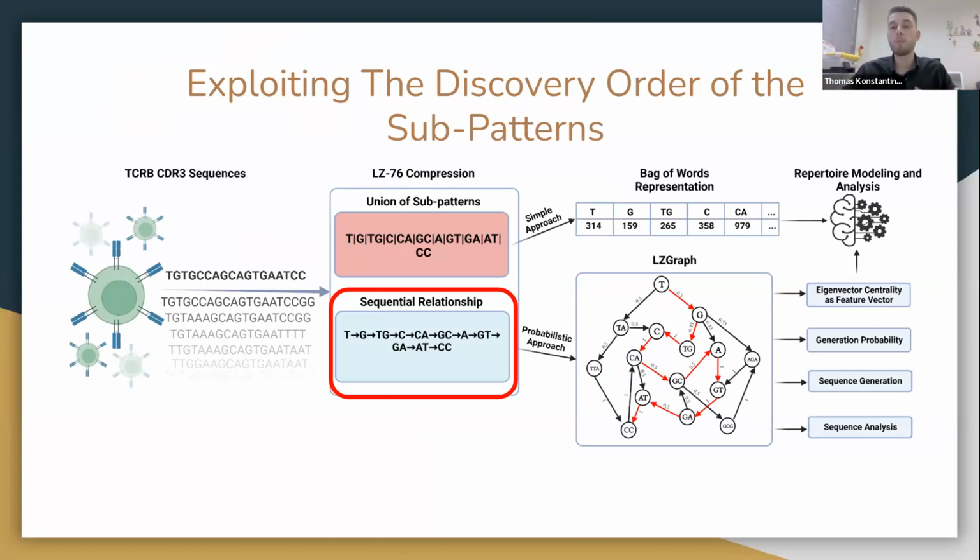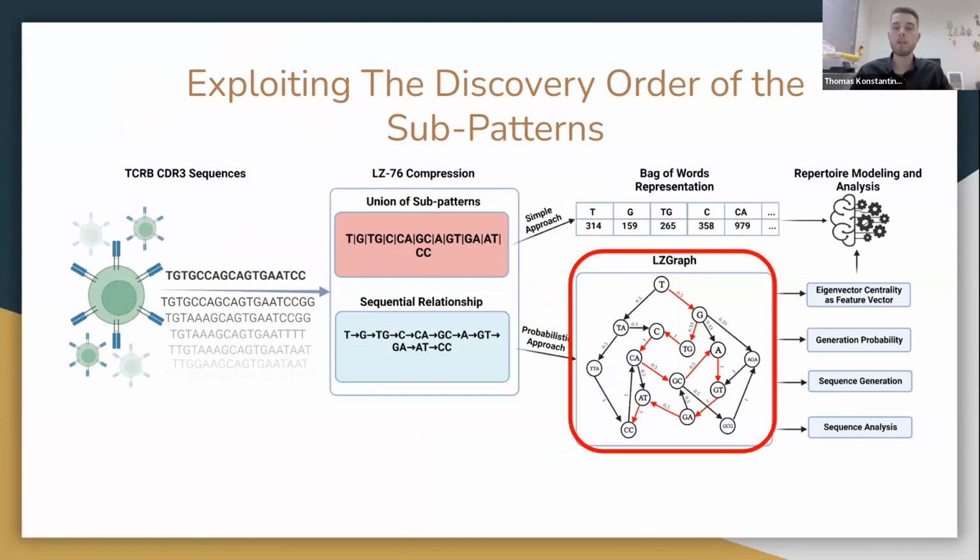That's exactly why we propose the probabilistic approach, where we take those sub-patterns and their sequential order of appearance and combine them into a single data structure, which is a directed weighted graph. This graph is, again, a singular representation of the entire repertoire, encoding the dynamics and the statistical properties of the repertoire itself.